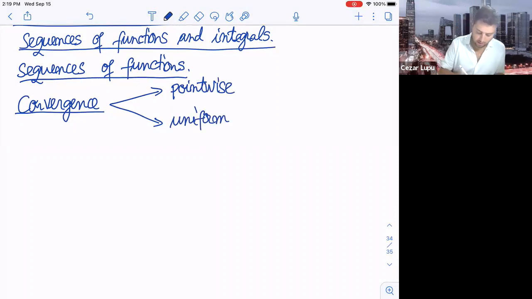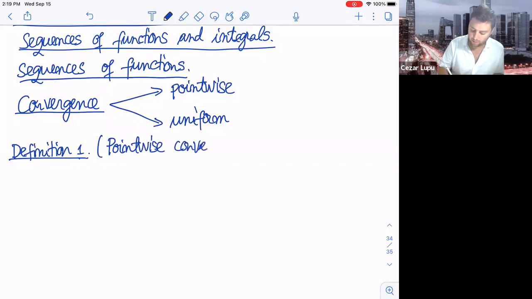So first, let's recall the following definition. And here, this will be about pointwise convergence. In fact, I will give the definitions with epsilon, and then we will see which one implies the other one.